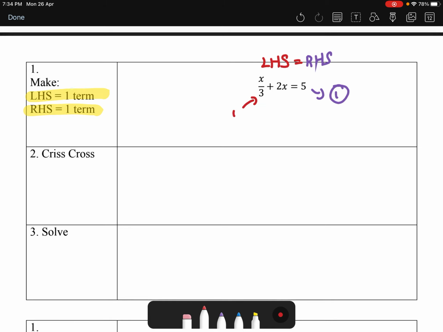But for the left hand side, there is a first term and a second term. So I must combine the first and second terms before I can crisscross. It is very simple to simplify. For the first term, x over 3 is the same as 1/3 x. So 1/3 x plus 2x is equal to 2 and 1/3 x.